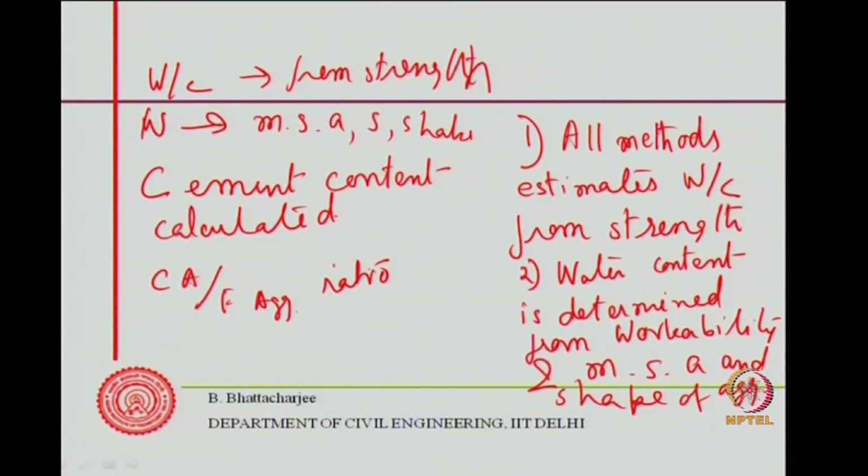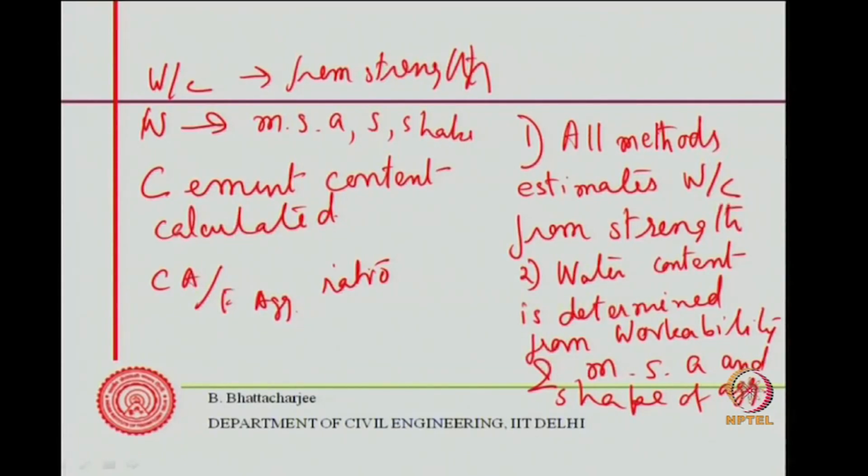So, the diagram that we showed in the very first class related to the general mix design procedure, that is how it is, that is where it follows. Actually, strength is a function of water cement ratio. So, durability requirement, based on the chemical exposure, determines the water cement ratio, and strength also governs the water cement ratio.